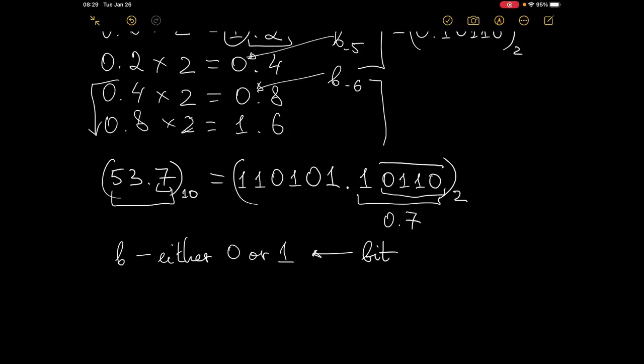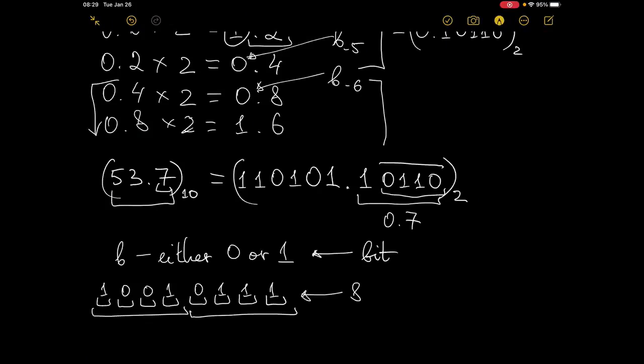So a set of 8 bits, and here you have, let's say, 1 0 0 1 0 1 1 1, right? So 8 bits is called 1 byte.